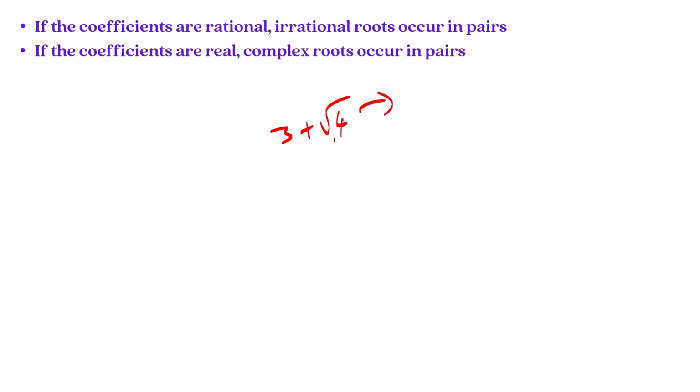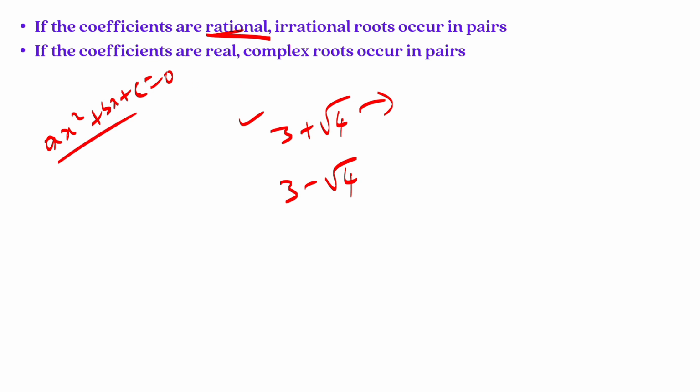In a quadratic equation, there will be two roots maximum. If this is one of the roots, then you can confidently say that the other root is 3 minus root 4, when the coefficients of the equation, let's say ax square plus bx plus c, are rational. It is also known as the conjugate.